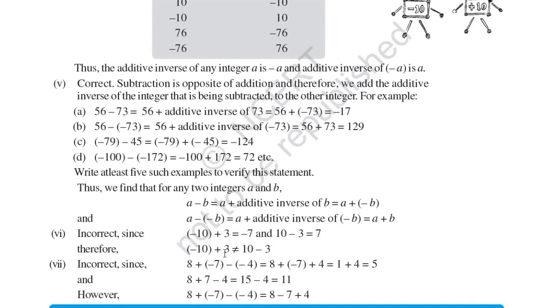The next is also incorrect, since 8 plus minus 7 minus 4 is equal to 8 plus minus 7 plus minus 4, which is 1 plus minus 4, equal to minus 3. However, 8 minus 7 plus 4 is equal to 5. So it is incorrect. Try these three.